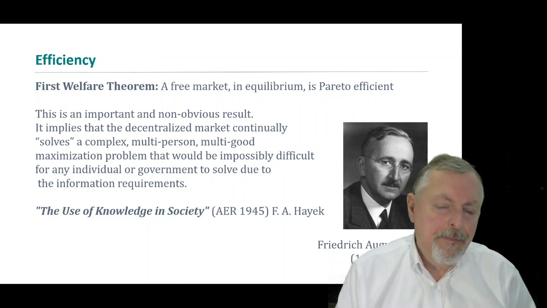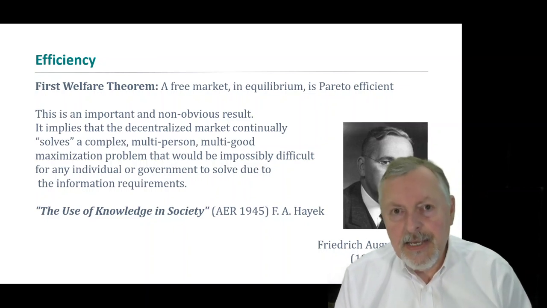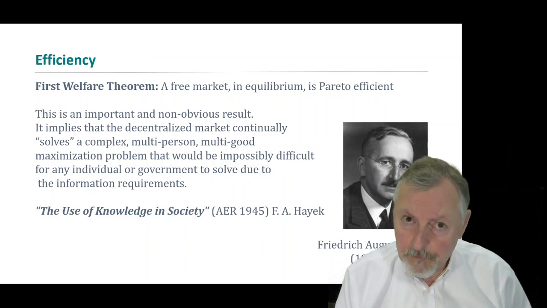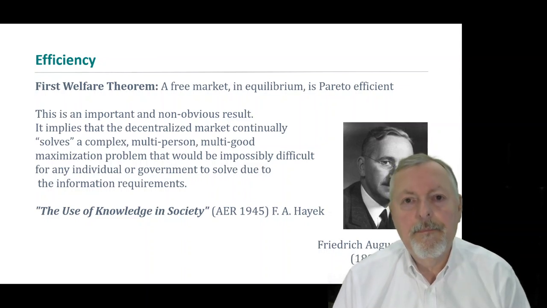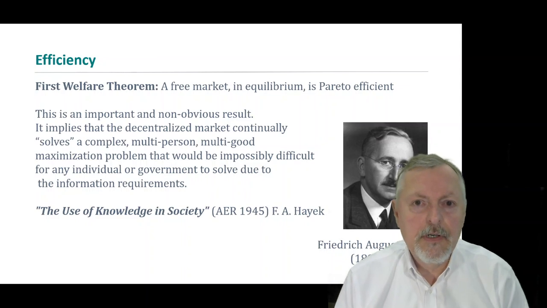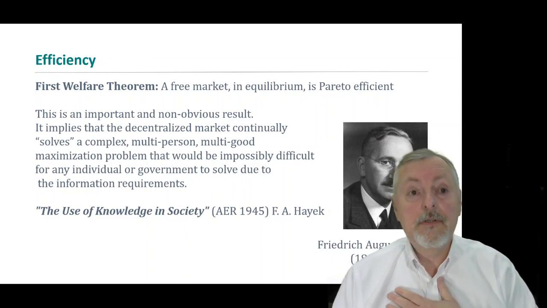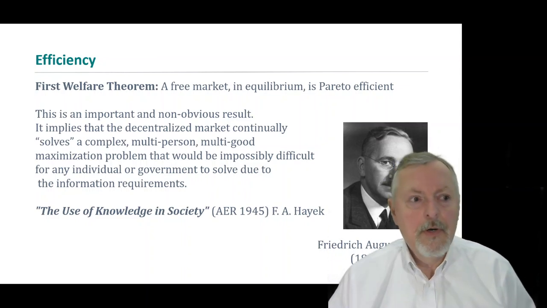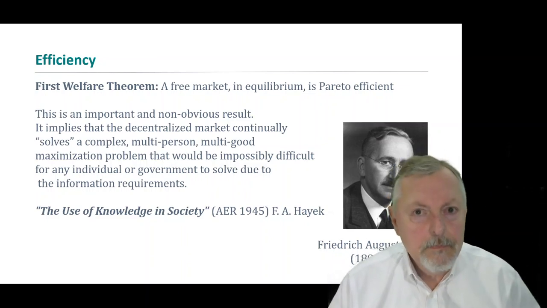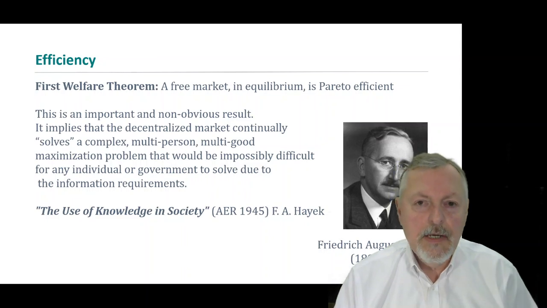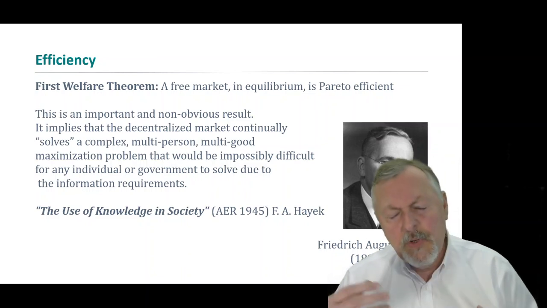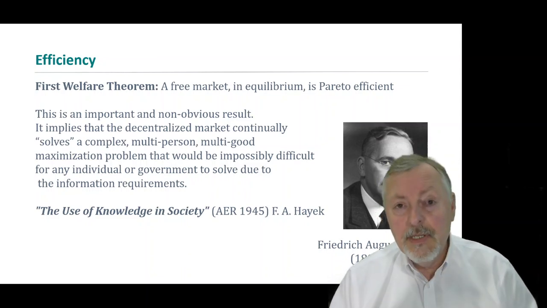Hayek said that's not just unlikely, it's absolutely impossible, because all of the data needed, all the parameters of all those equations, my preferences for peanut butter versus carburetors, that information is not available to the central planner, even if the central planner had the best interests of the society at heart, which we in economics frequently call the benevolent dictator model.